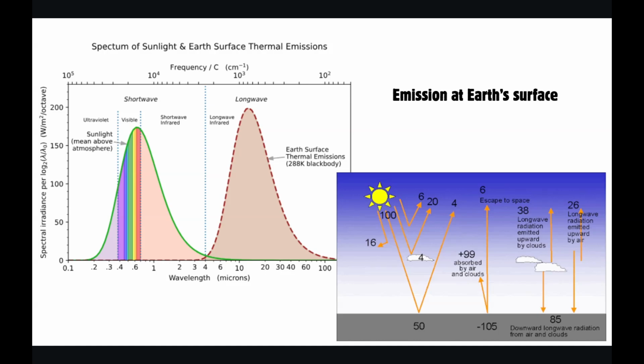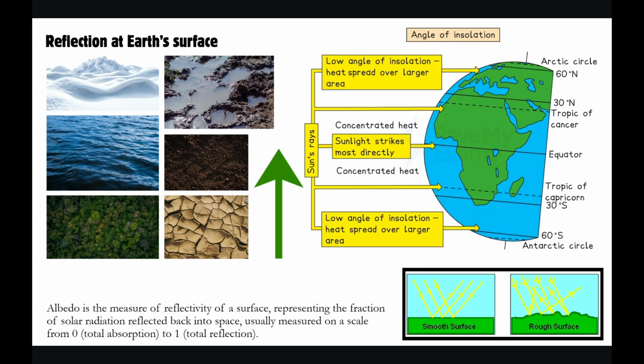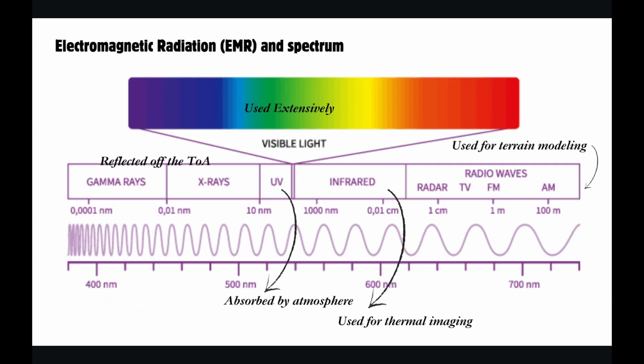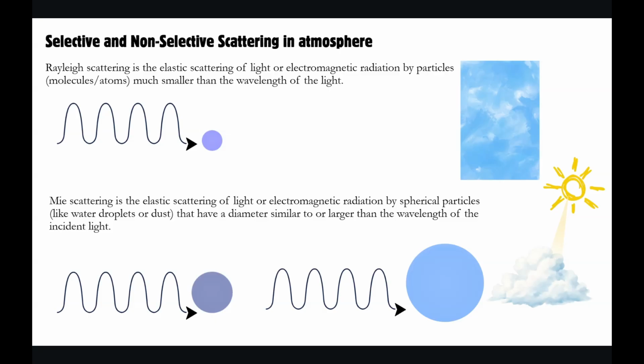Let's see if there's any question. What does the convergence points of spectral radiance signify in the graph? Which convergent points are we talking about, Nishant?